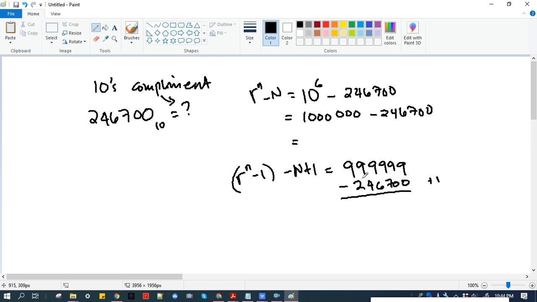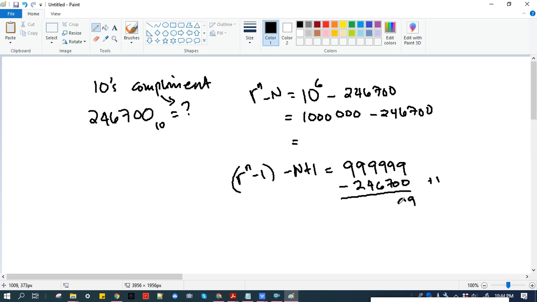So this is much easier, right, compared to this, wherein you are dealing with a lot of zeros and you will have to borrow and borrow, since these are all zeros. But if we use this diminished radix complement, the digits are all 9s, so it's easy for us to subtract.